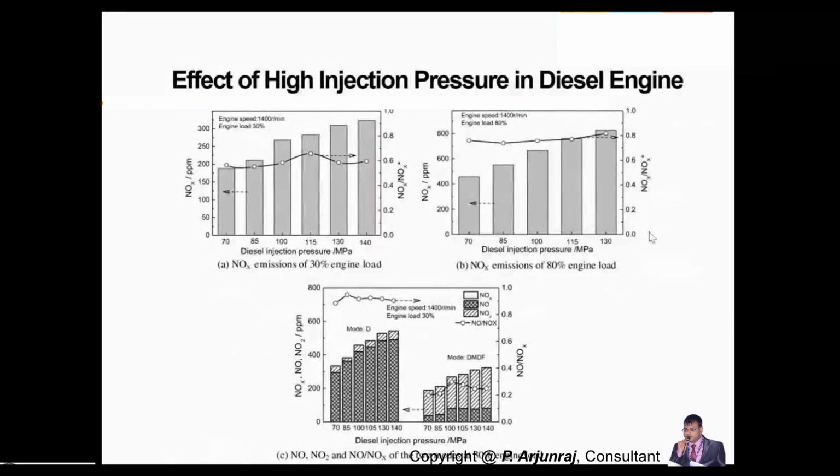This is the result taken from one of the research papers, in which the research was done in an engine with an engine speed of 1,400 RPM and an engine load of 30%, and they have taken various injection pressures in terms of megapascal. And again, you see, when the injection pressure increases from 70 to 140, the NOx emission is going to get increased.